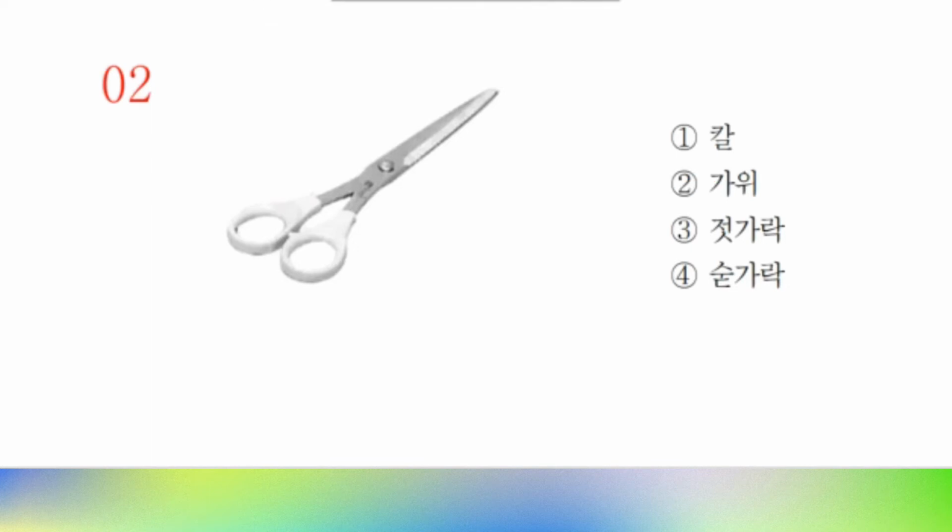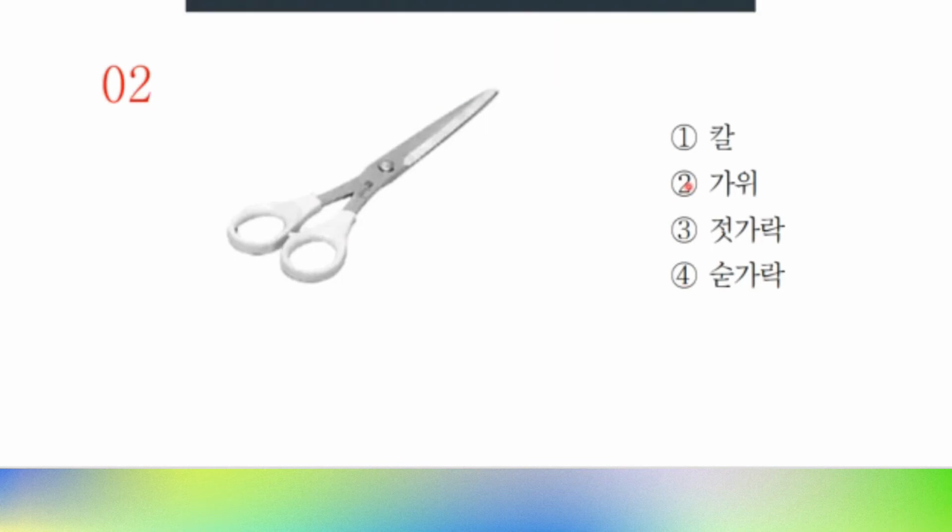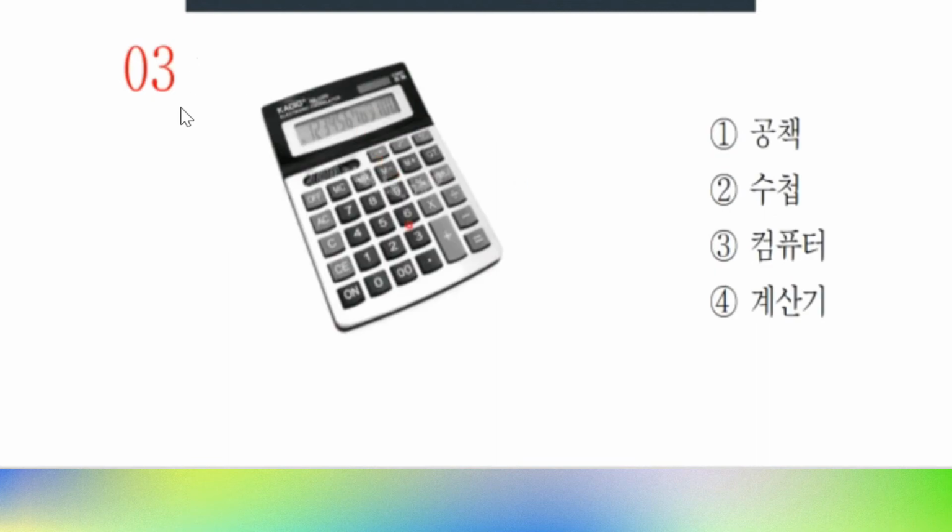Ano yung pang-mark ko? Wait lang, guys. Next, number 3. Okay. So look at this one. Ano to siya, diba? Calculator. Calculator in Korean is 계산기. Number 1 is 공책.